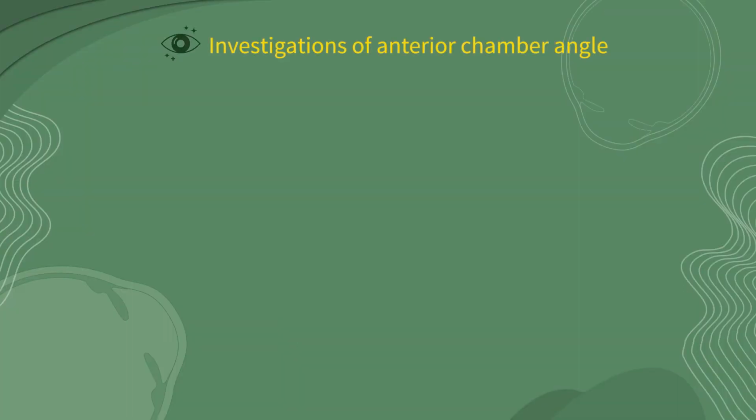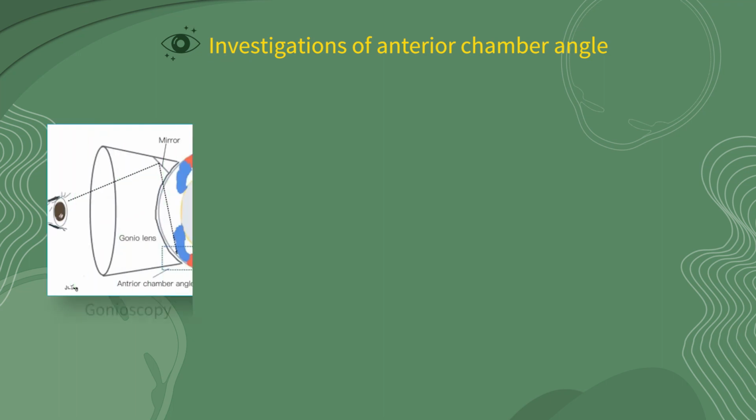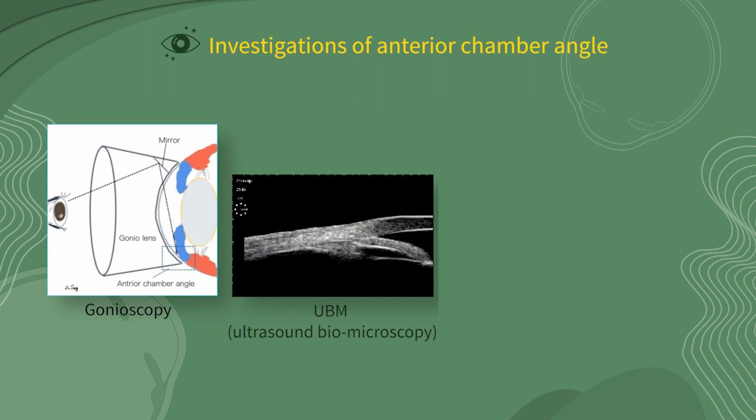Investigations mainly focus on 2 aspects: the morphology and function of the anterior chamber angle and the optic nerve. Gonioscopy allows the structure in the anterior chamber angle to be visualized, so we can assess the degree of angle stenosis. UBM is a contact ultrasound examination, while OCT is a non-contact optical examination.